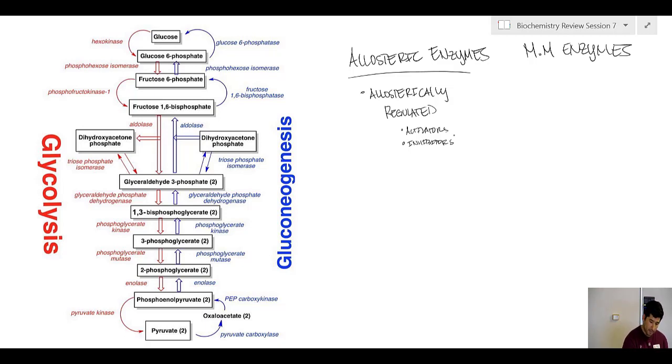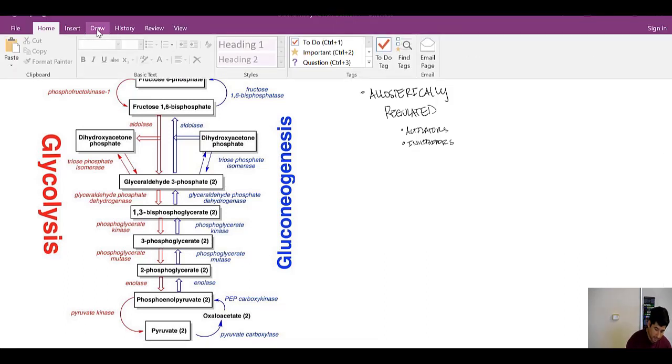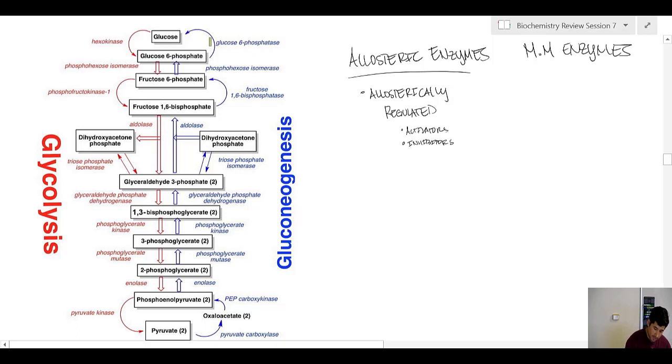So you'll see here, you have glycolysis and you have glucose getting turned into glucose 6-phosphate. And you see this arrow right here. Notice how it's not a reversible arrow.